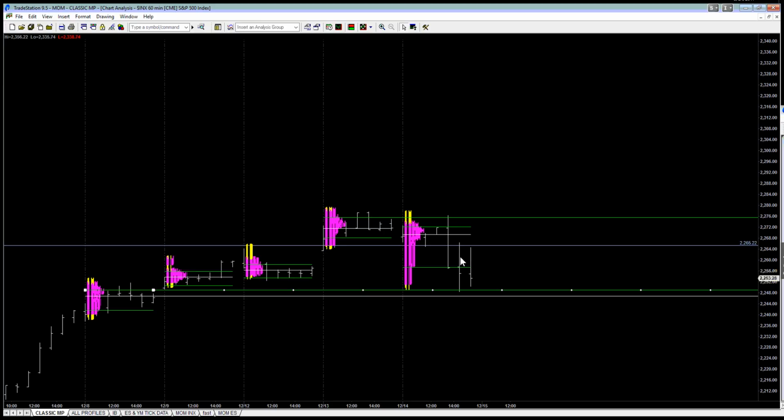So as this market was moving down, it became important to know where these value areas were to determine whether or not you had any kind of divergence when you arrived.